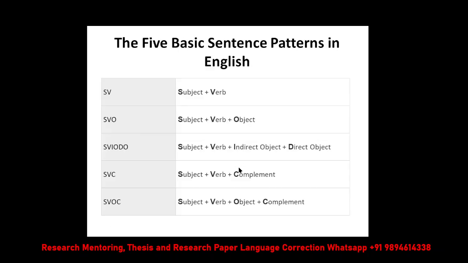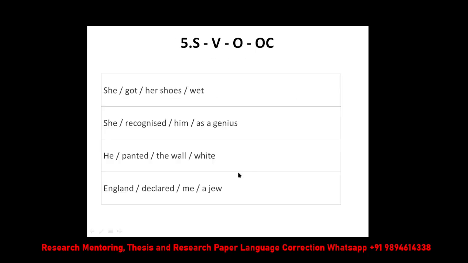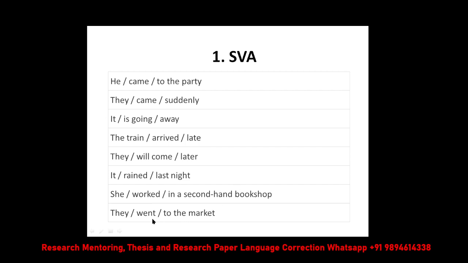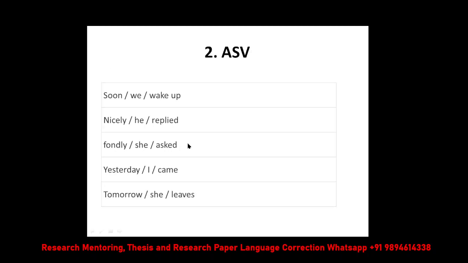In that way, the last sentence: they went to the market, it goes to where. And in a second-hand bookshop, again it's where. I hope you understood: subject, verb and adjunct. The cues are four. Try to type those four questions you will ask to understand the adjunct in the comment box.